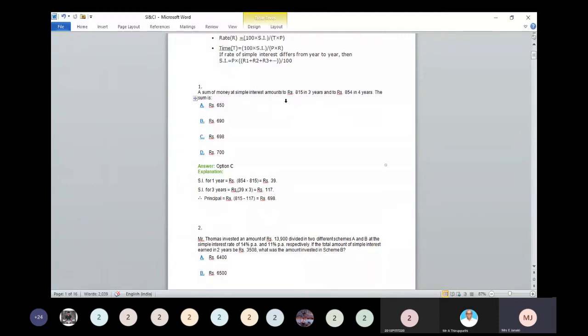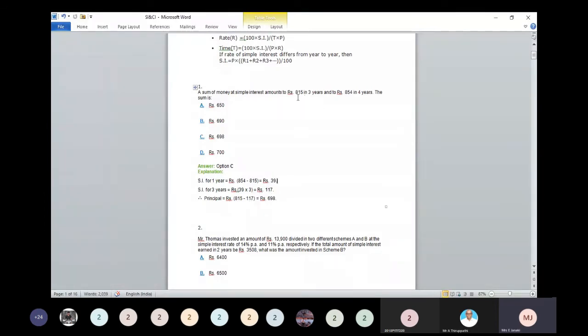The value given for 3 years, 815, is the total amount, that is, principal plus simple interest. Now you have calculated only the simple interest for the 3 years, rupees 117.